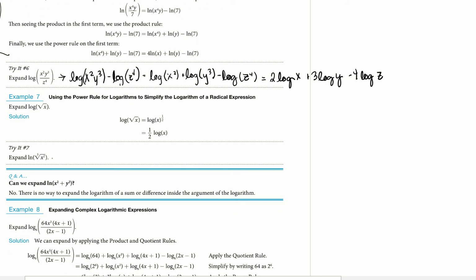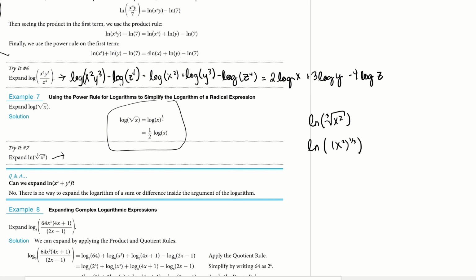All right, now we're going to have a look at this one. This is the book's example. It's a good example, you know, have a look. But we're going to expand ln of the cube root of x squared. So this is going to be ln, and remember a cube root is just that whole thing raised to a fraction with whatever number you need on the bottom.